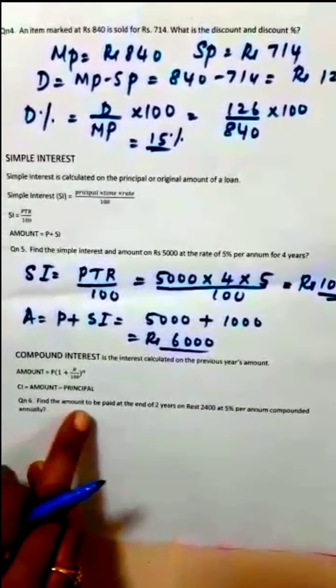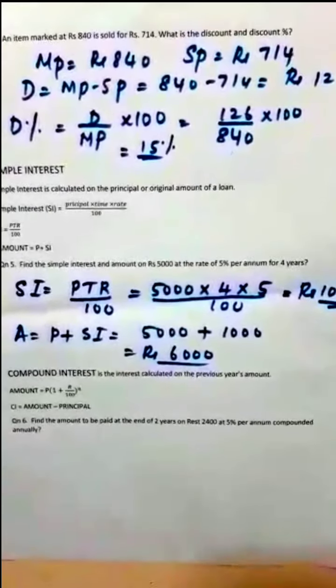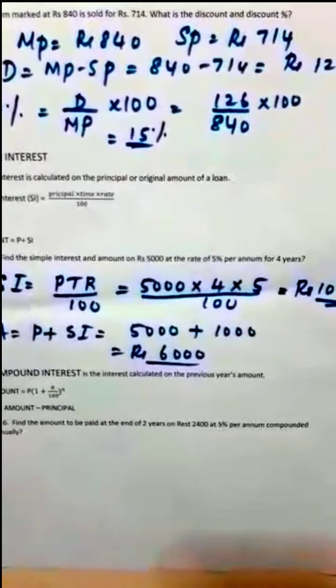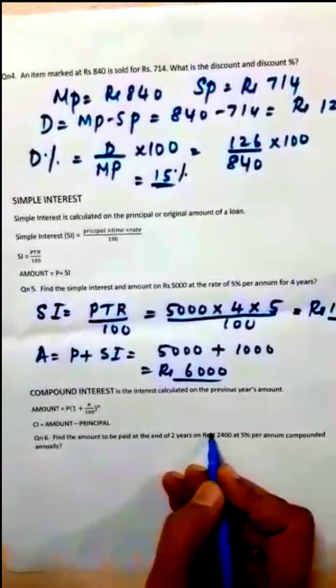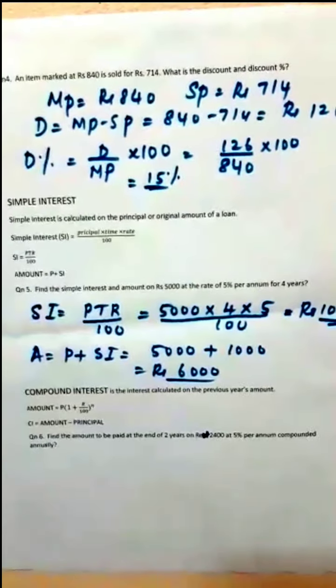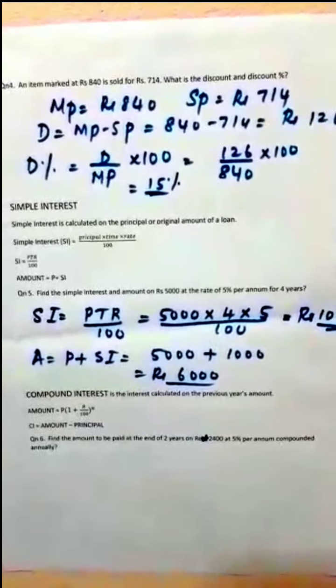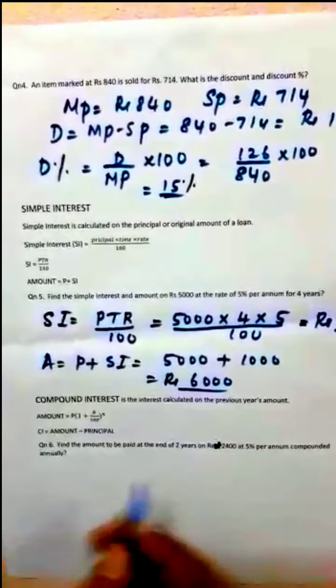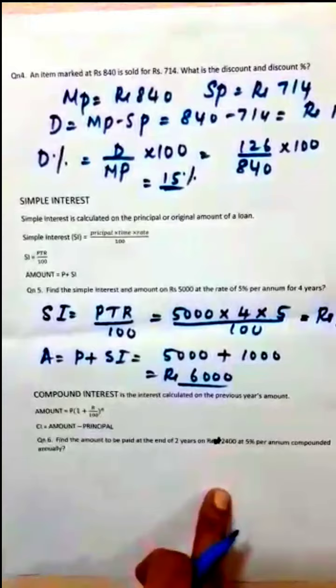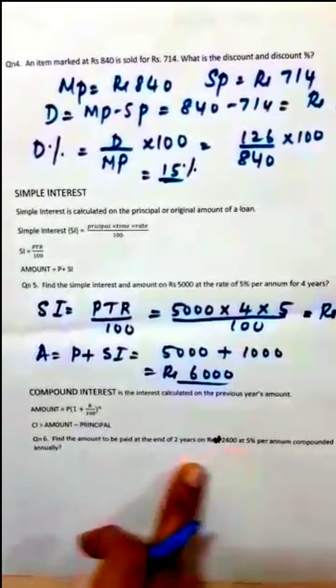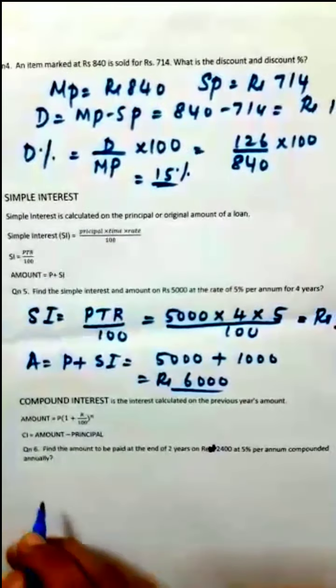So the question is, find the amount to be paid at the end of 2 years on a rent of 2,400 at 5% per annum compounded annually. Here P will be equal to 2,400, rate is 5% and N is 2 years. So first you have to find out the amount.